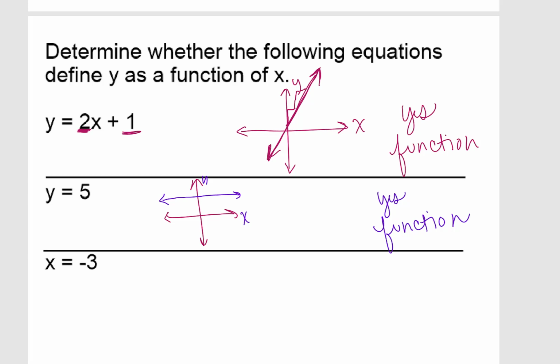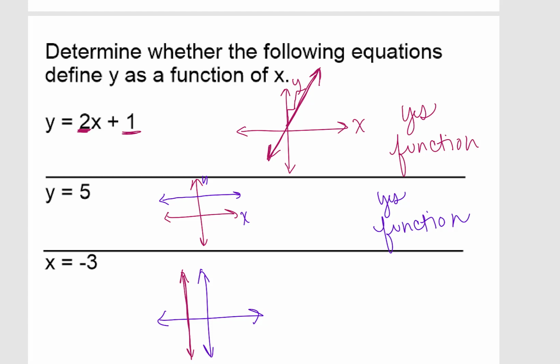And then on this one right here, x equals -3, again, from previous lessons, we know that that line would look something like this for that graph. So now, if I was to pass a vertical line across my rectangular coordinate system from left to right, when I would get to x equals -3, I would not only be on more than one point, I would be on all the points of that graph.